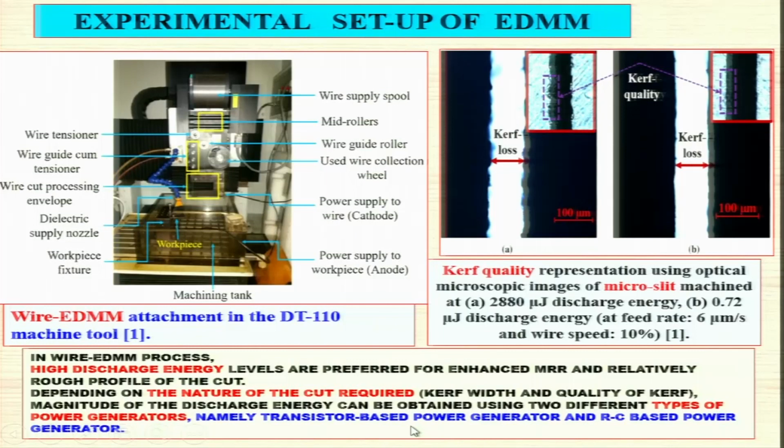Magnitude of the discharge energy can be obtained using two different types of power generators. Low or high magnitude of discharge energy is obtained depending upon what kind of power generators you are using. It can be a transistor based power generator or an RC circuit based power generator.